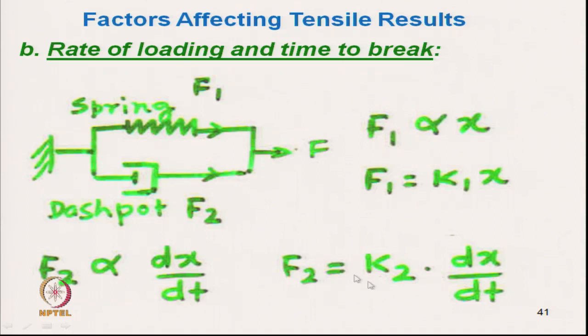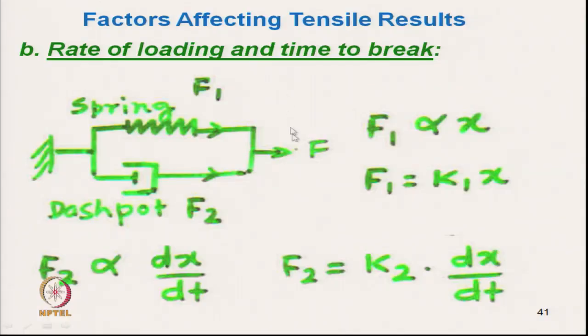K2 is the dashpot constant, and the force is proportional to dx/dt, that is the rate of extension. So, as the rate of extension increases, due to the F2 component, the textile material exerts more force.